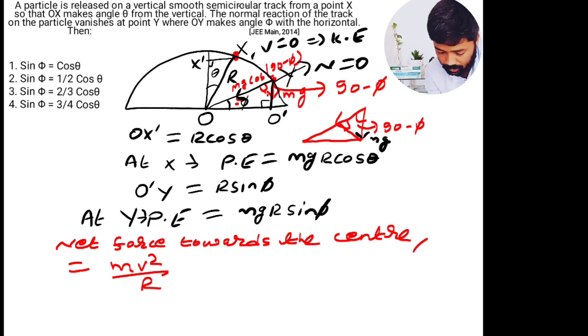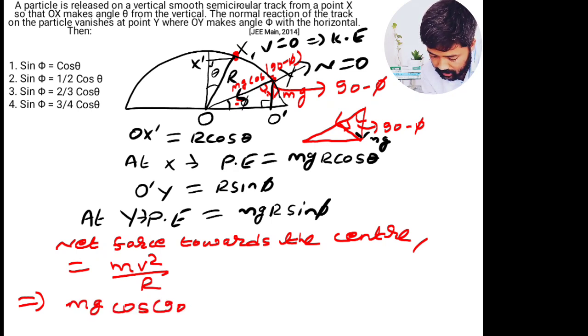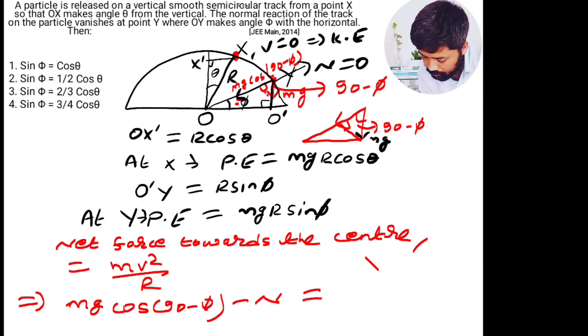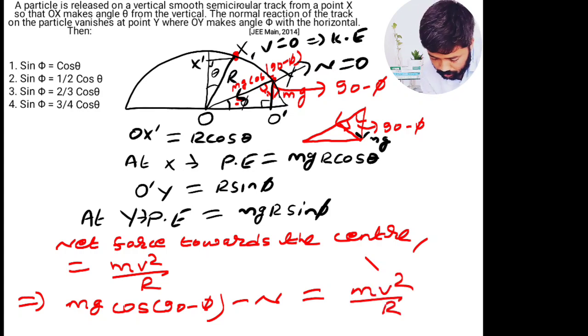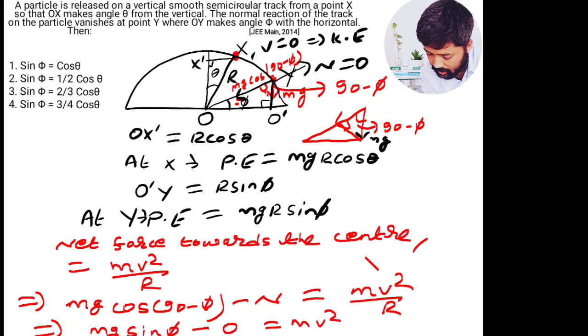Since normal is 0, the net force is mg cos(90 minus phi) towards the center, and normal value is 0. So mg cos(90 minus phi), which is mg sin phi, is equal to mv square by r.